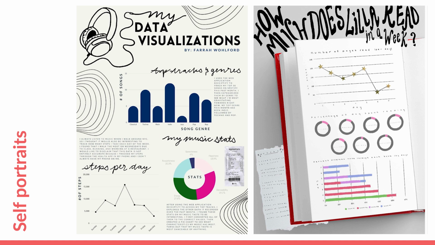And then on the right, we have how much does Lila read in a week? And all of her visuals were about reading. So it's a little hard to read here, but number of pages read per day is what this graph is. And I love that she made this in a book format. And really, it's handwritten. These are like stickers to show that materiality.